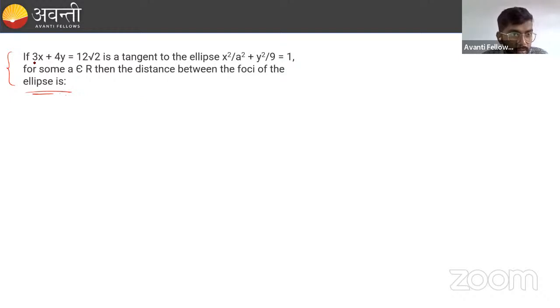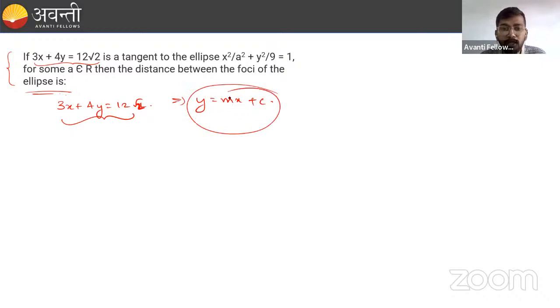So here, the equation of tangent is given by 3x plus 4y equals to 12 root 2. Let's not get confused and just try to frame this into the format y equals to mx plus c. If you do it like this, you can get the value of m and c, and from this you can calculate a and b somehow.